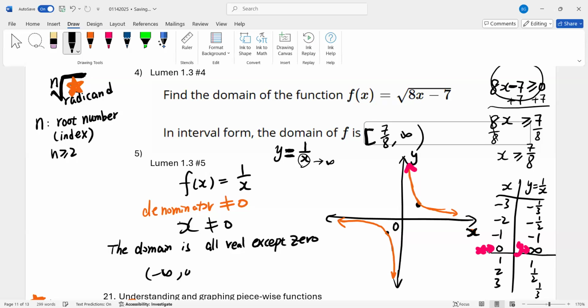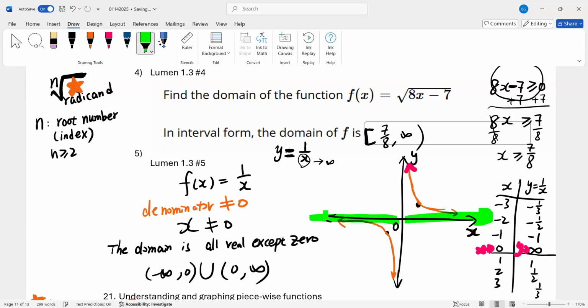It is negative infinity to 0, open interval, union 0 to positive infinity. And you want to remember that. Okay, the domain, if you use the trick that I taught, from negative infinity to 0 and from 0 to positive infinity.